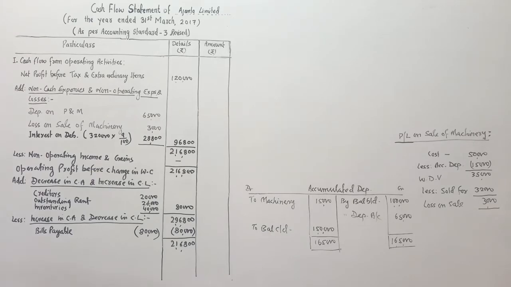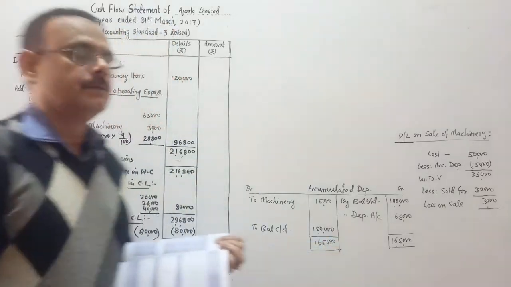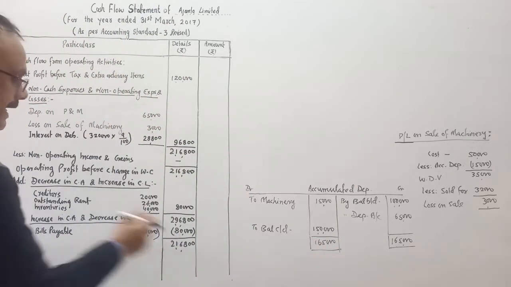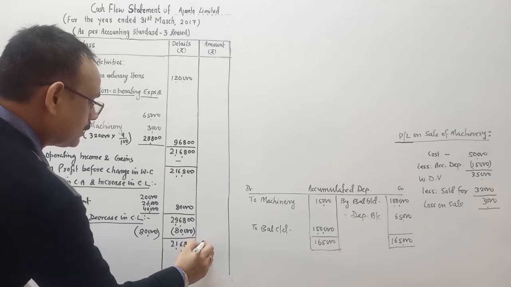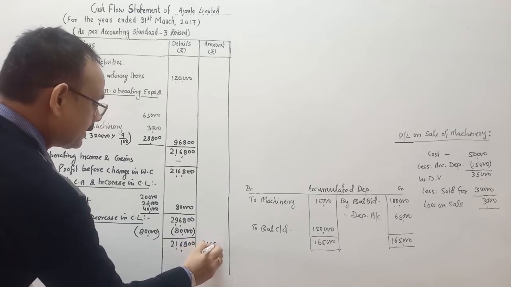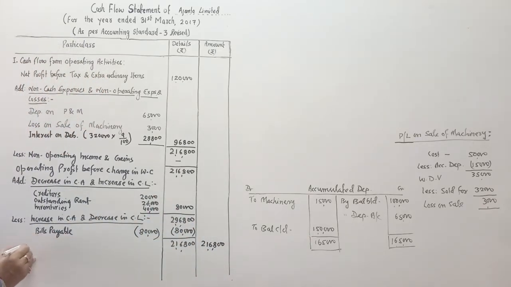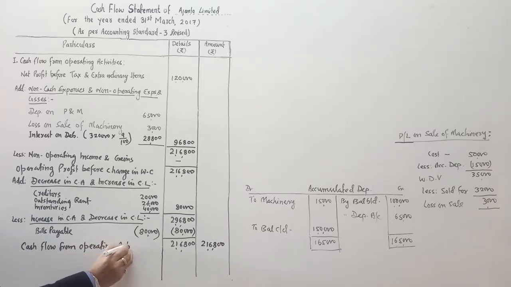So 2,16,800. This figure is called, it's a plus, so you write it over here, cash flow from operating activities.